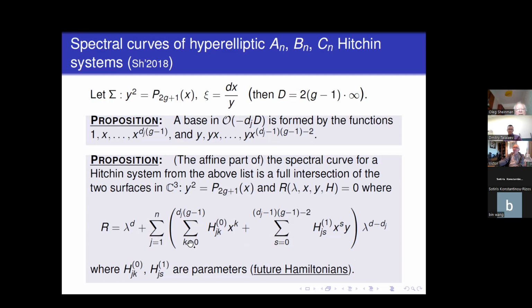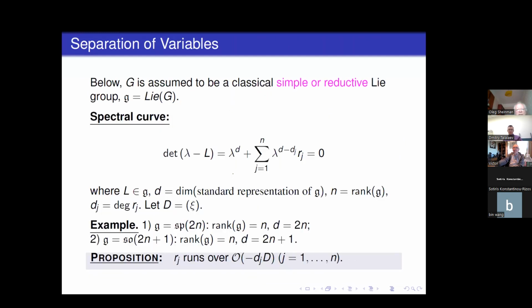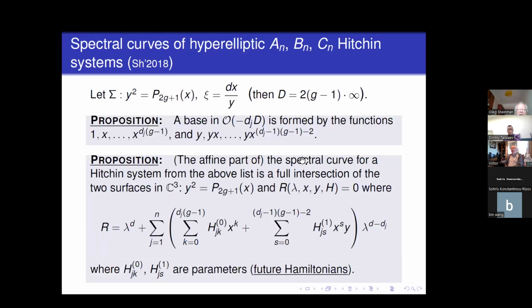It is obtained by taking expansions of these coefficients Rj over the basis just found, with certain coefficients which we denote as h with certain indices written here.